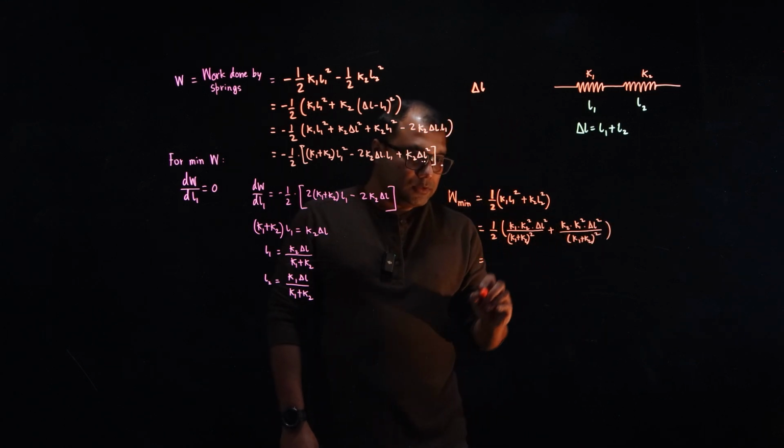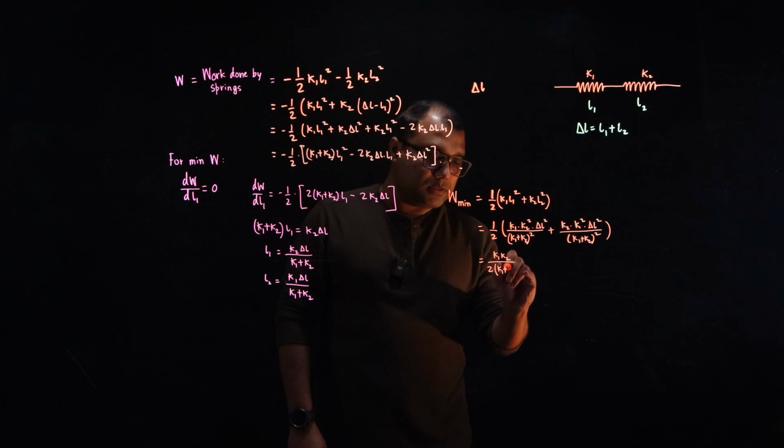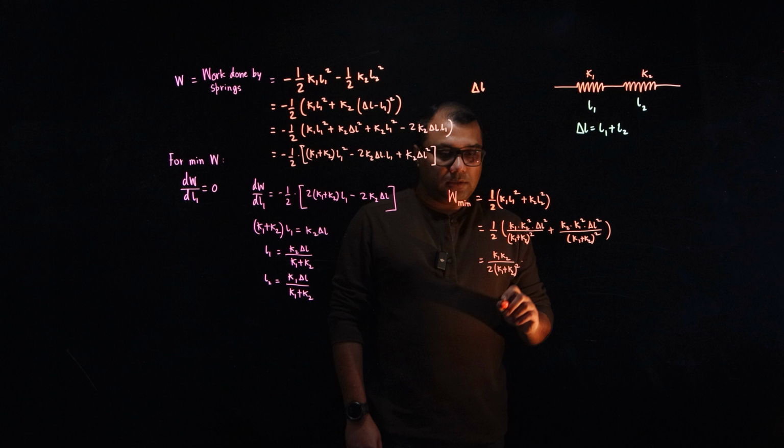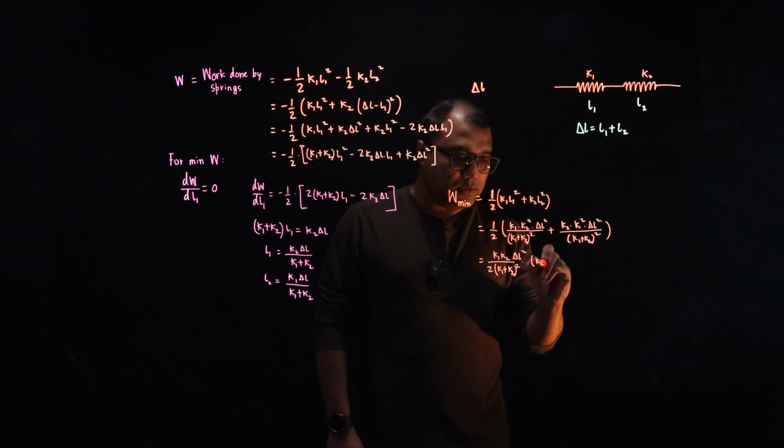Okay, so we can take K1 K2 by 2 K1 plus K2 whole square common, and also delta L square common. So what is remaining is K2 from here and K1 from here.